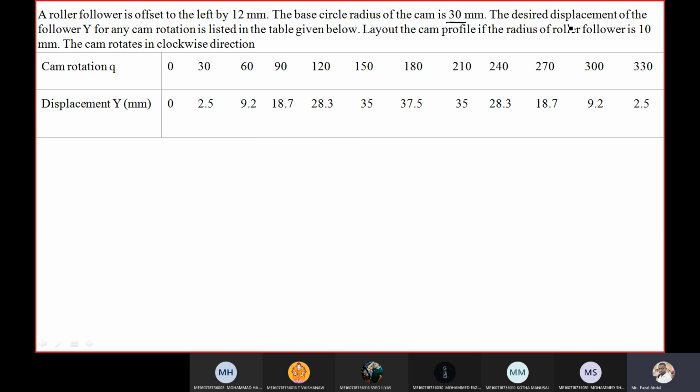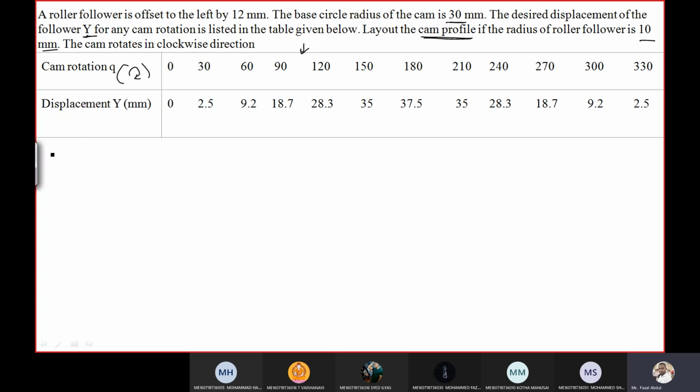The desired displacement of the follower y for any cam rotation is listed in the table below. Lay out the cam profile, that is, construct the cam profile. The radius of the roller follower is 10 mm, and the cam rotates in a clockwise direction.